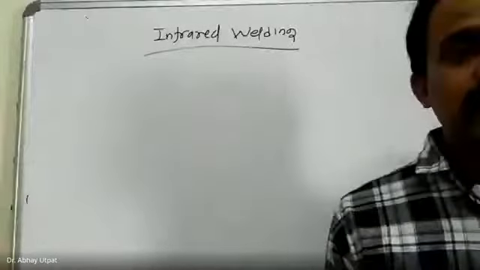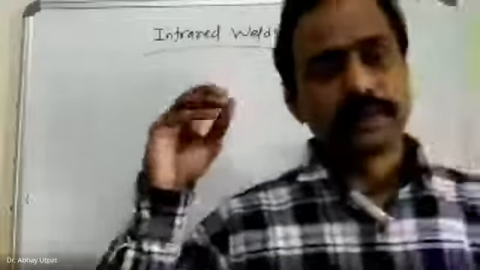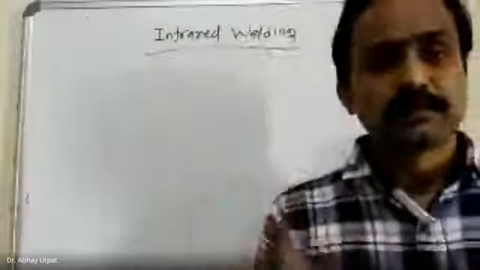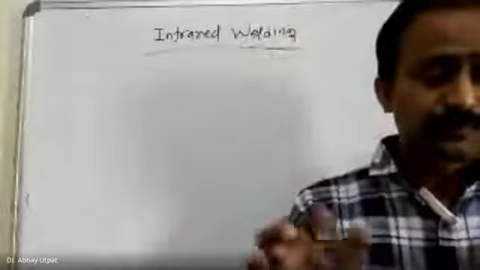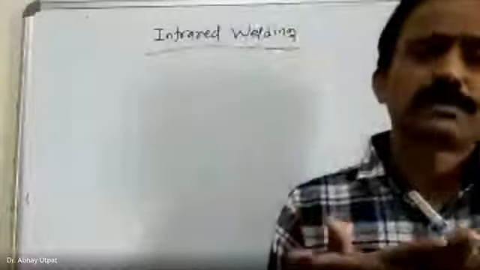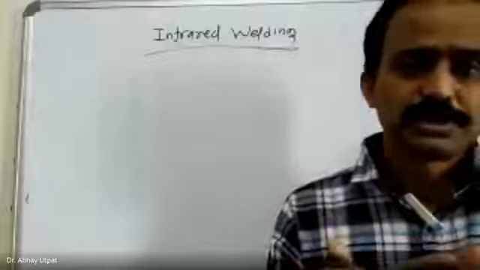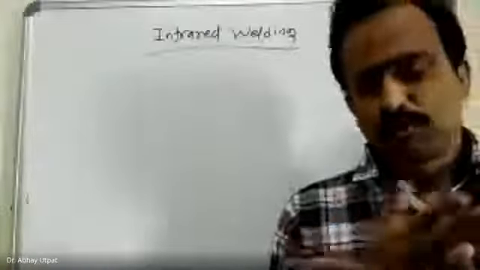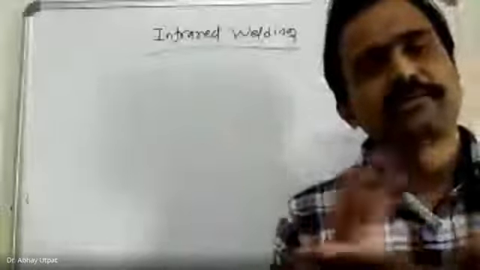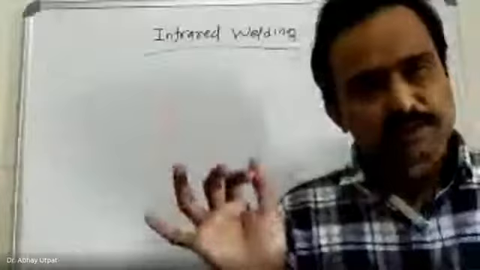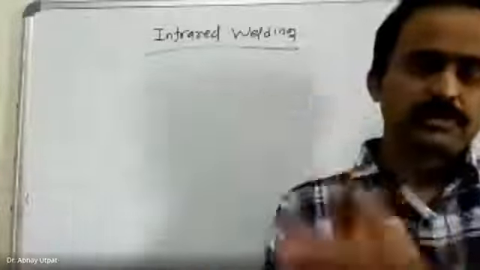In this topic, what is our purpose? The infrared rays coming through the source are applied on the mating surface, causing it to heat and reach a plasticized state. Once you make the sheet plasticized, the work of infrared is over, and you can join.